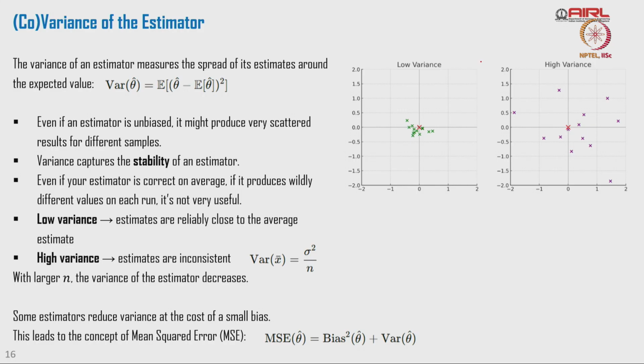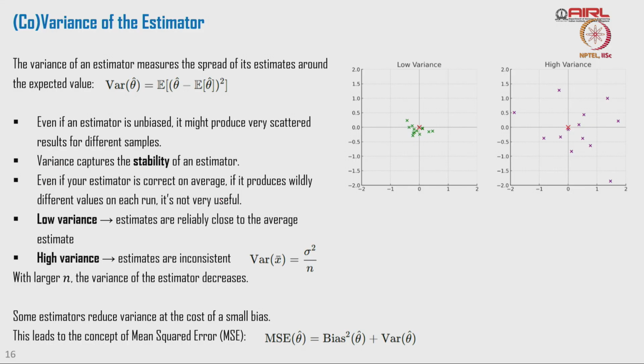The other one is the variance of the estimator. The variance of the estimator measures the spread of its estimates around the expected value. What we are talking about is the expectation of theta hat minus the expectation of theta hat, whole squared. If an estimator is unbiased, it might still produce very scattered results for different samples. Variance captures the stability of the estimator.